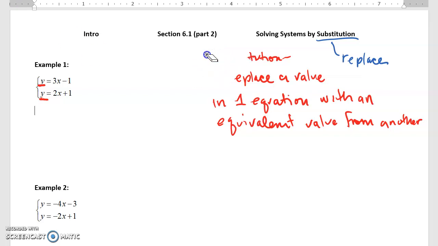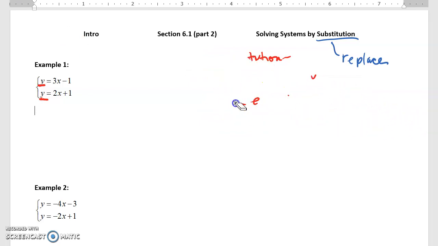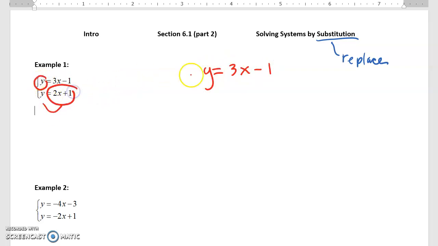So what we're going to say to ourselves is, if in this equation the y values are equal to 3x minus 1, and in this equation the y values are equal to 2x plus 1, well, I can take the y in this equation and replace it with the value of y from the other.